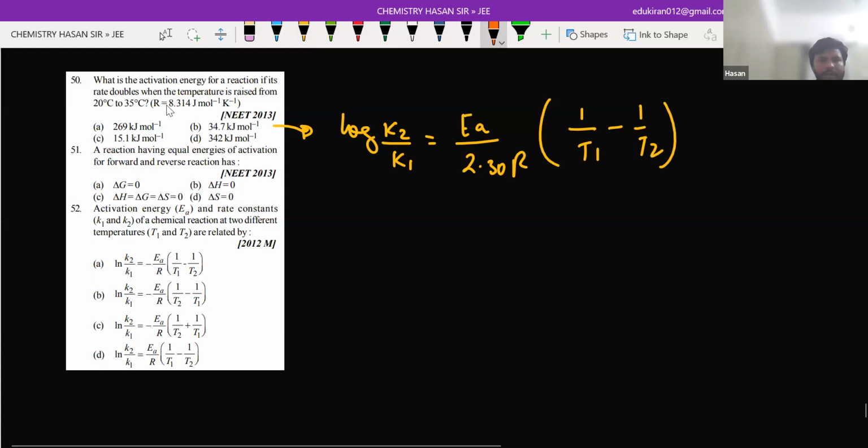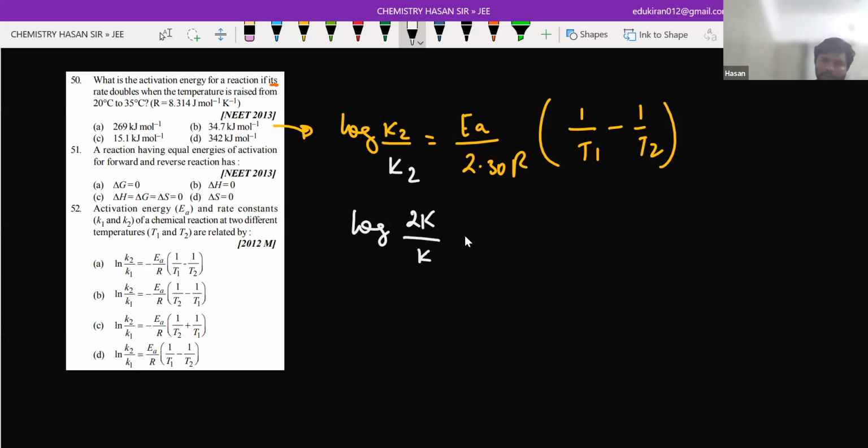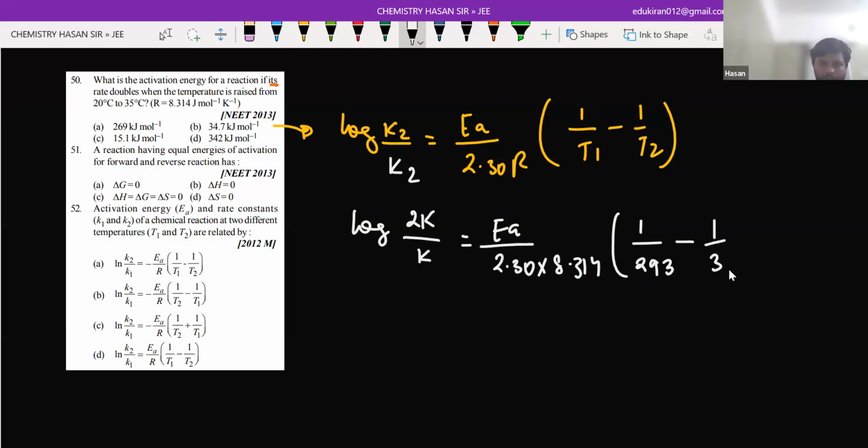So you can see here the rate doubles at a given activation energy. If you take the initial rate constant as K, this will be 2K. So initial is K, and this is your K2, which finally becomes 2K. And EA upon 2.303 R, R is given as 8.314. And here 1 upon T1, T1 is 293 and T2 is 308.